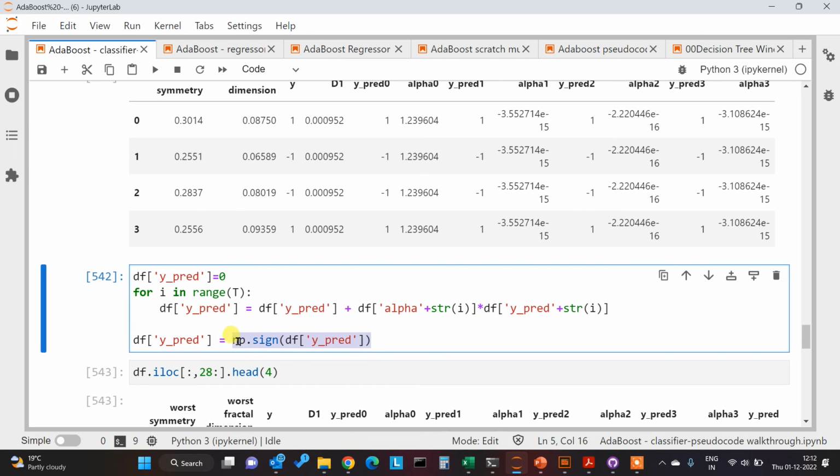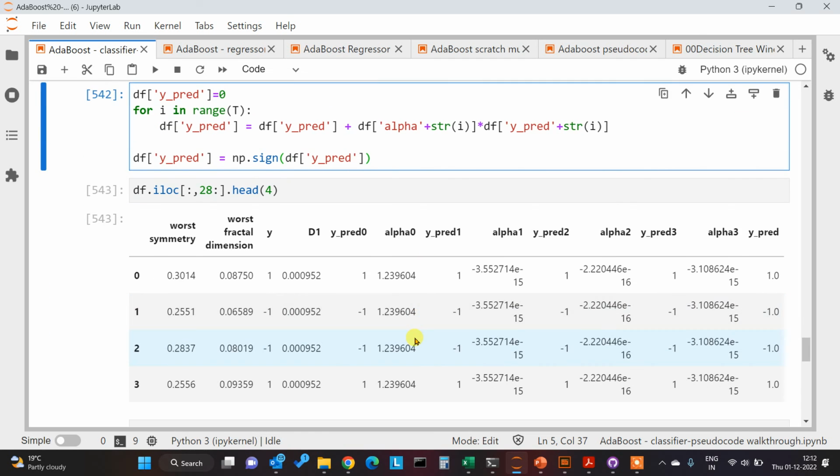Then we will use np.sign to get the overall predicted values. So all the negative values it will convert to -1, all the positive values will convert to 1. Afterwards, in our data set we got the overall predicted value right here.